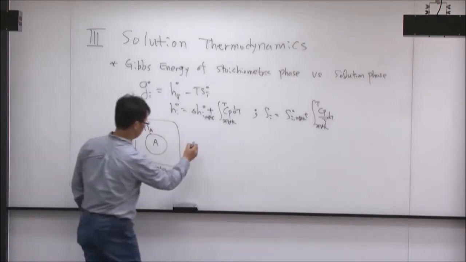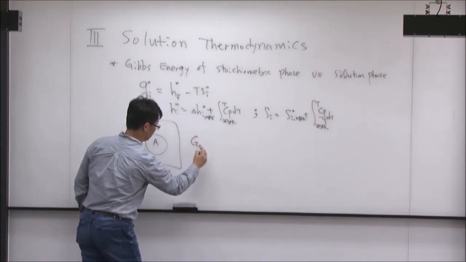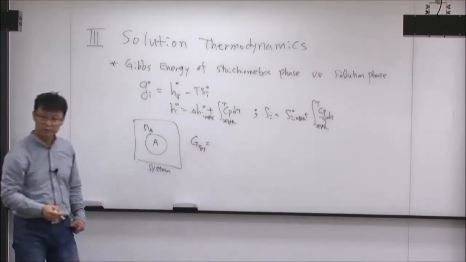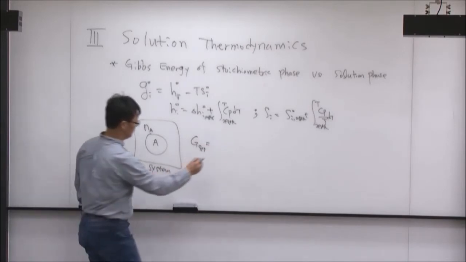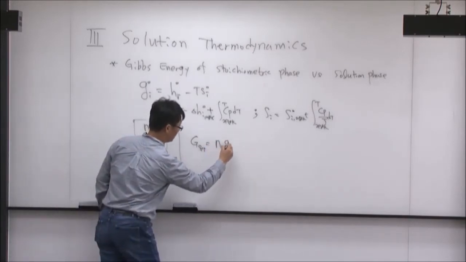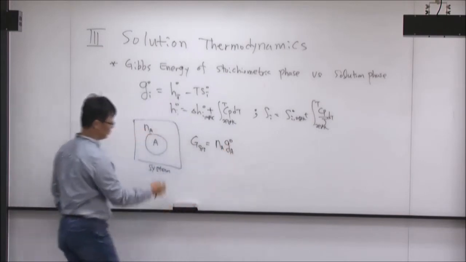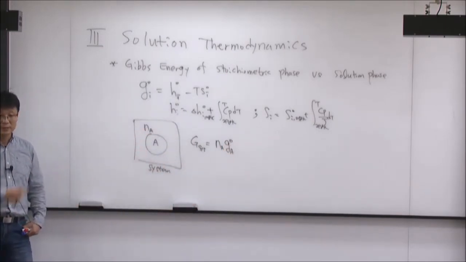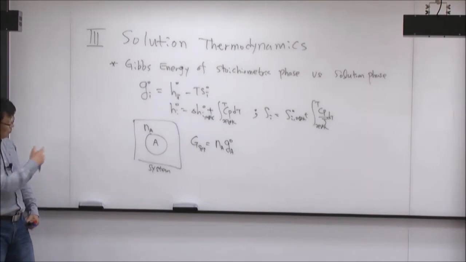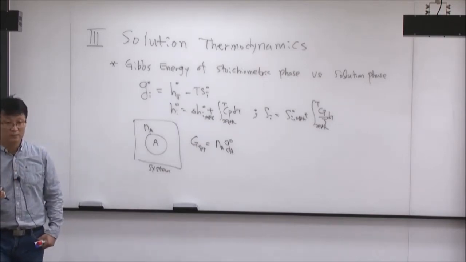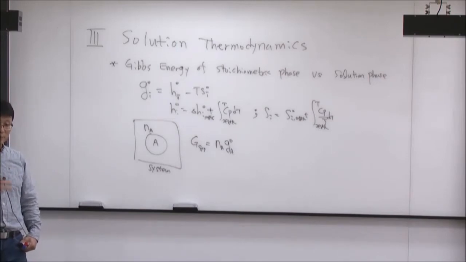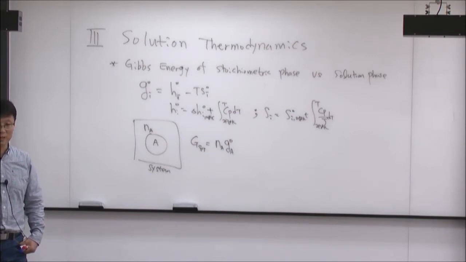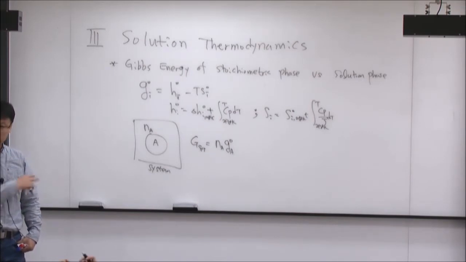Then the Gibbs energy of the system is simply N_A times G_A pure, because A is a pure stoichiometric phase, not a solution phase. So when you have 1 mole of A, 2 moles of A, 3 moles of A, the Gibbs energy of the system increases depending on the number of moles of the A phase times the molar Gibbs energy of A.